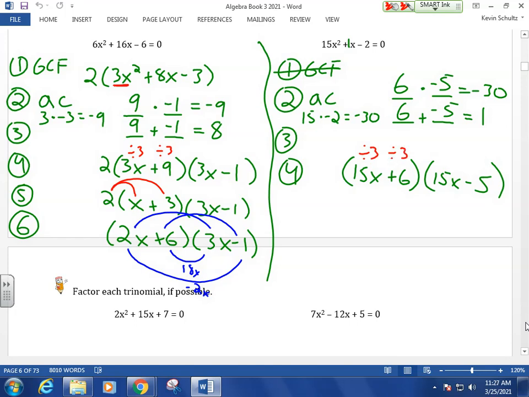Our second set, 15 and 5, can each be divided by 5. So that leaves us with 5x plus 2 and 3x minus 1. FOIL, crab claw, box it. You'll see we get the same result as we originally started with.